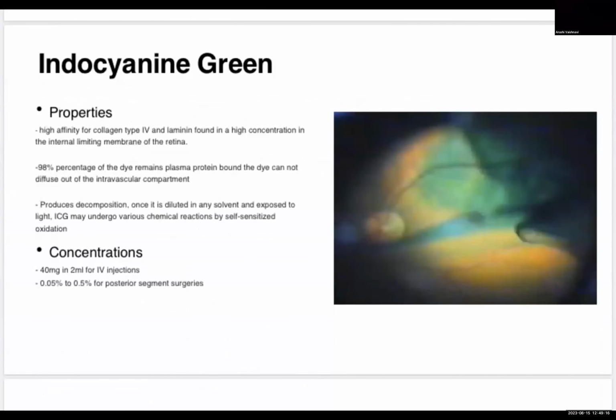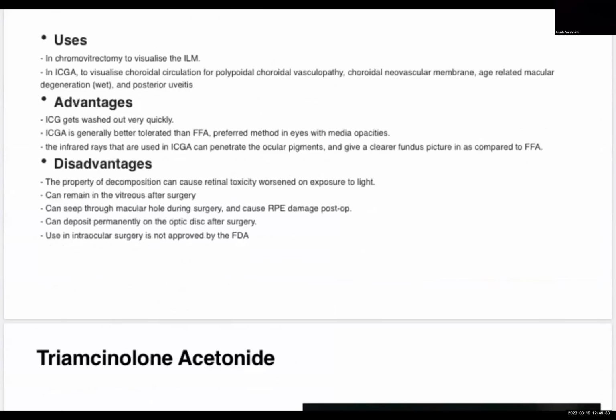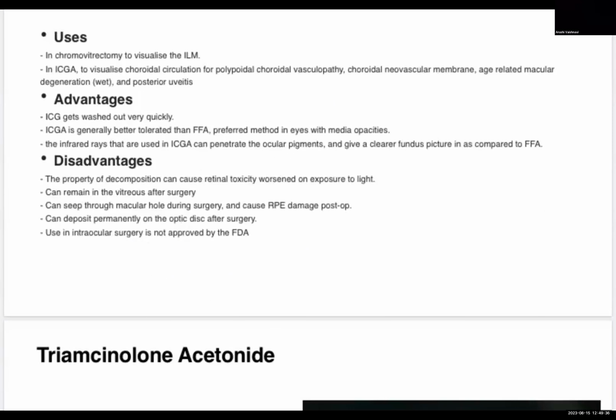Indocyanine green stains type 4 collagen and laminin found in the ILM. It is used in chromovitrectomy to visualize the ILM, and in indocyanine green angiography to visualize choroidal circulation for polypoidal choroidal vasculopathy, choroidal neovascular membrane, and age-related macular degeneration.